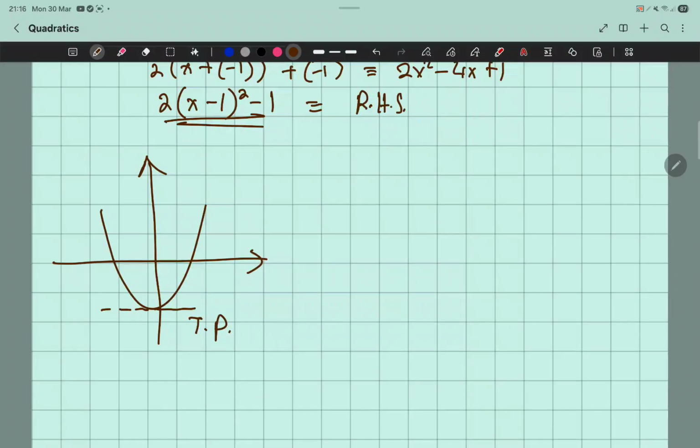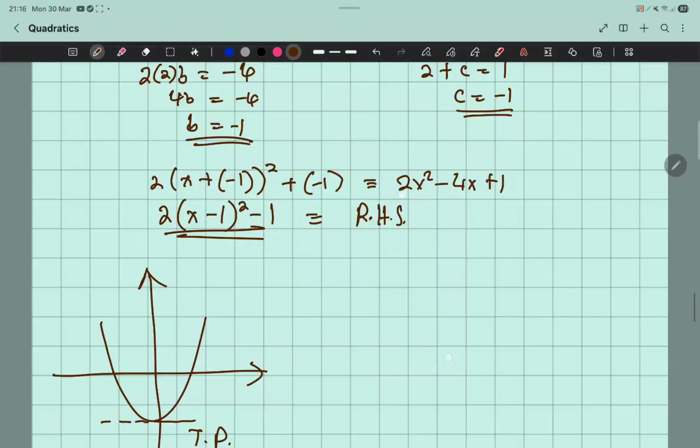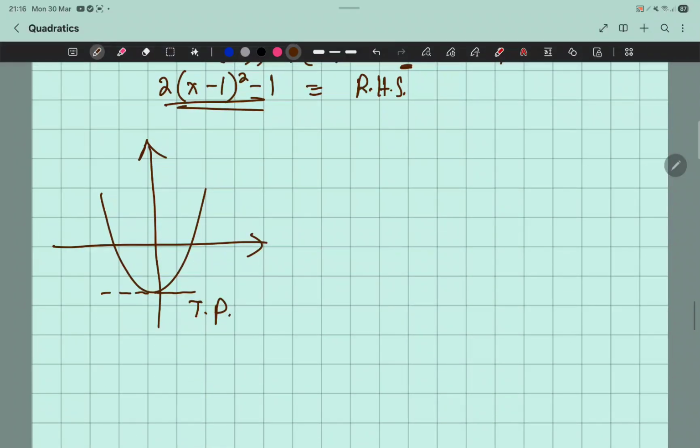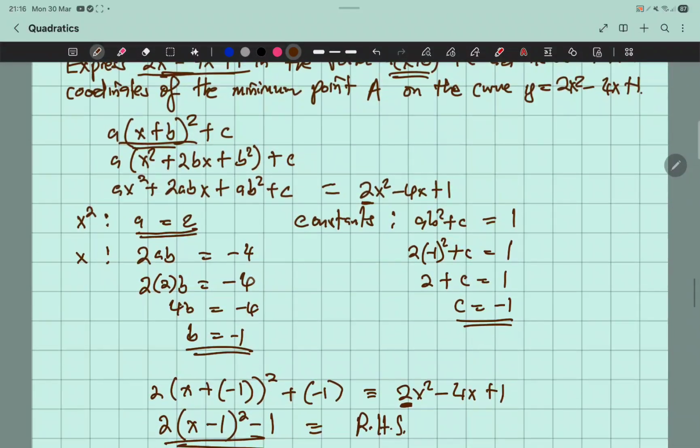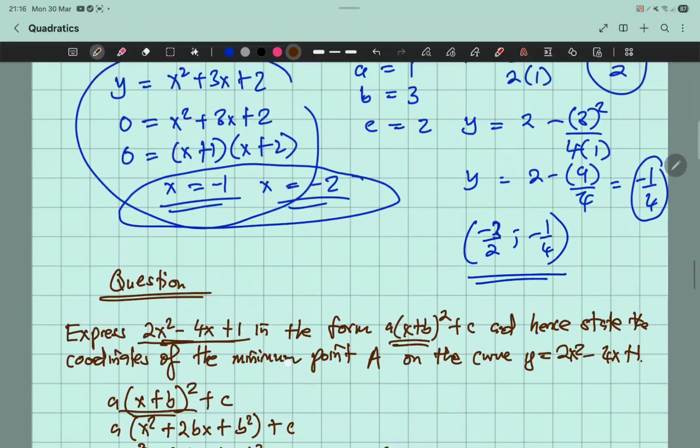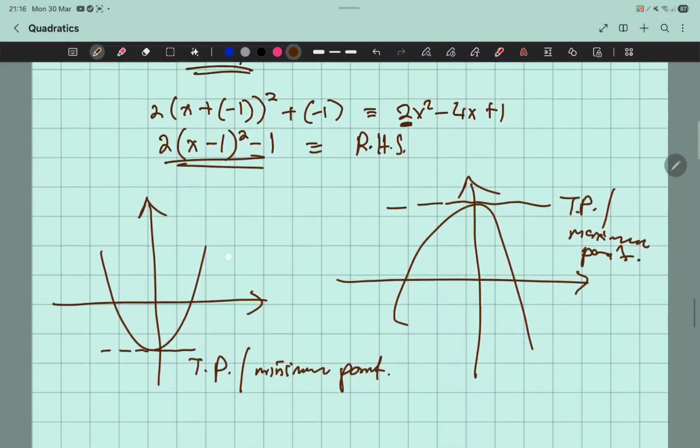So if a is positive, they may call it the turning point or the minimum point. But if the coefficient of x squared is negative, which means the graph opens downward, they may call it the turning point or the maximum point on the graph. It's just the terminology they play with, but in the end they are talking about one thing.